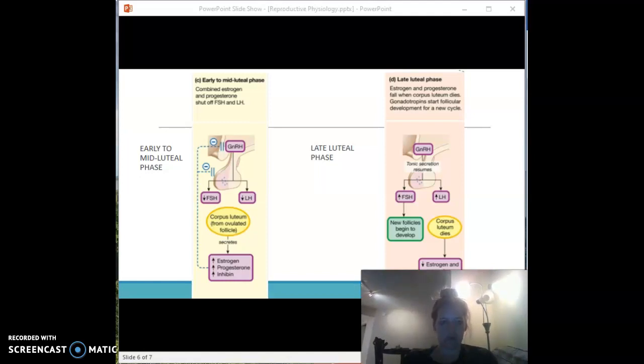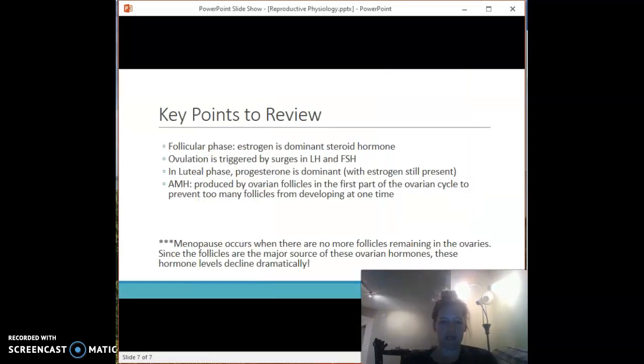So let's just quickly review some key points before we move on. As a reminder, during the follicular phase, estrogen is the dominant steroid hormone. This phase occurs before ovulation, and you remember there's a big spike in the estrogen levels that then causes that positive feedback that causes the LH surge and then triggers ovulation.